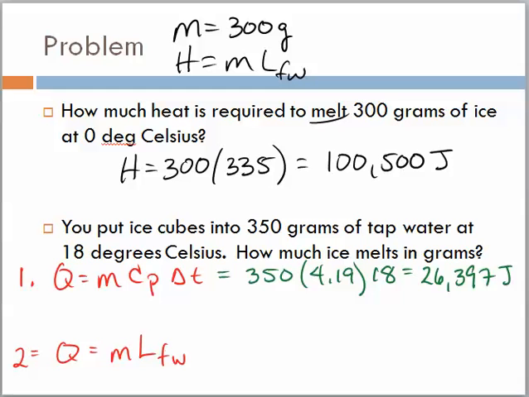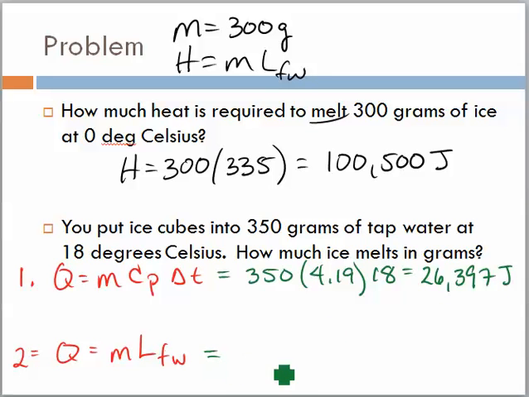Well, I've gone ahead and filled some information in here for you. There was 350 grams. Specific heat of water is 4.19, and the water could go all the way down an 18-degree temperature change before it would stop melting the ice. So at this point, I multiplied all those and found out that there was 26,397 joules of heat energy there to melt this ice.